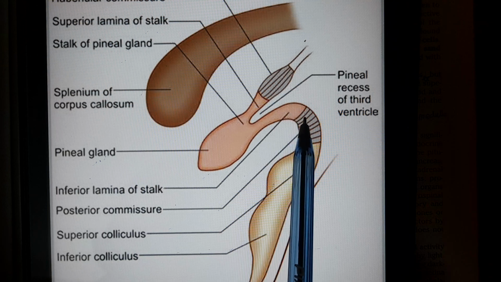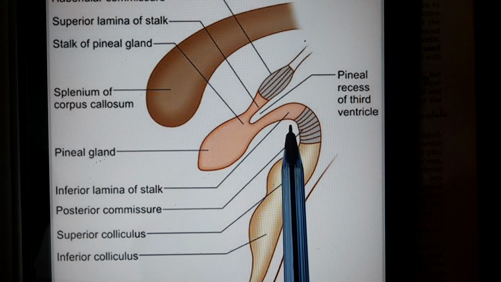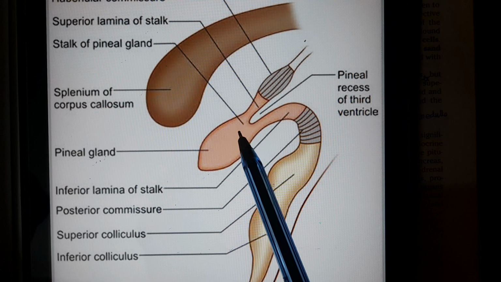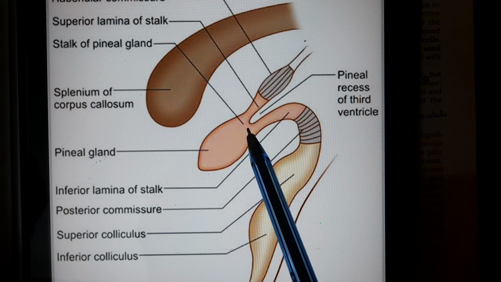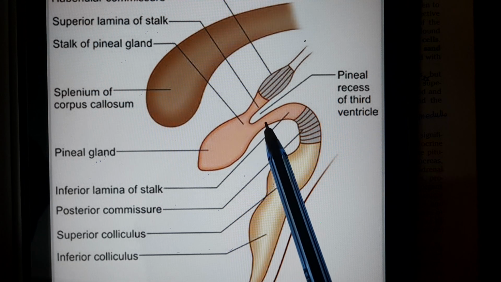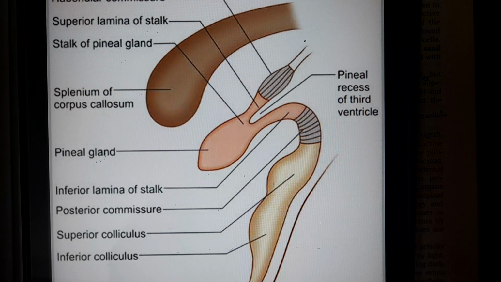These two are the habenular nuclei and this is the pineal gland, and together these three structures make our epithalamus. Just anterior to the pineal gland we have the third ventricle. So you can say that the pineal gland has a stalk, and the stalk is connected to the third ventricle.